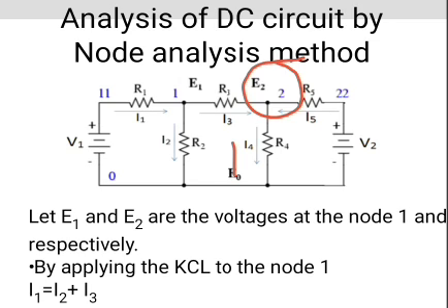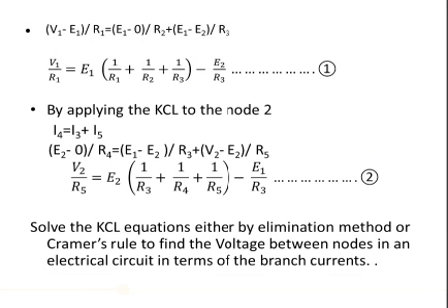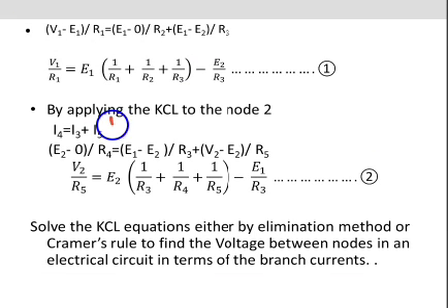That means the current I4 is going away from the junction E2. The currents I3 and I5 are going towards the junction. Therefore, I4 equals I3 plus I5.